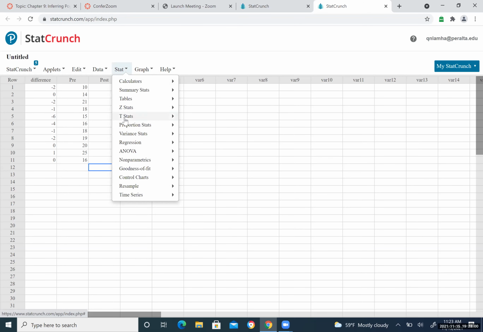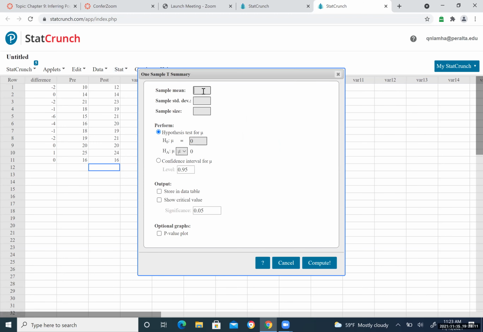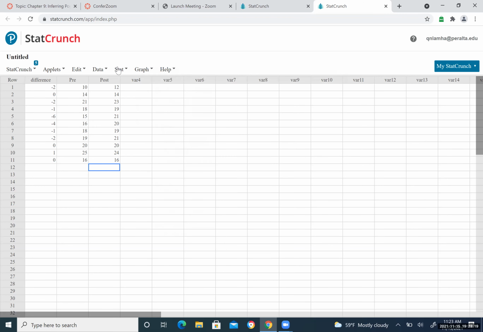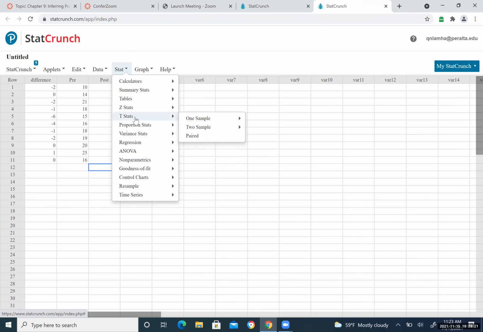Do Stat, T Stat, and this is one sample with summary. Let me see, they don't give us the summary, so how about not with summary. T Stat, one sample with data.